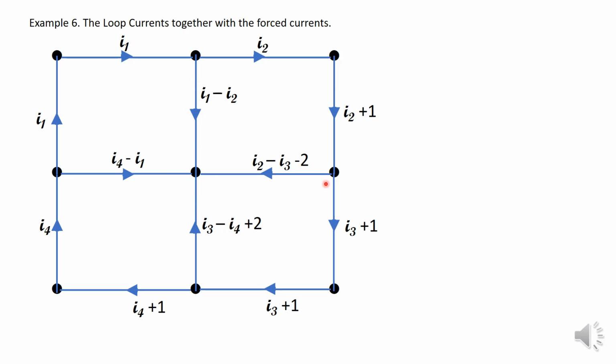Okay, so notice here it's the same as the loop currents I had before, but here, remember, there was an input of 1 here and an output of 1, so I had 1 coming down here, so it would add 1 and add 1 and then add 1 here, add 1 here, and then I had a current of 2 going from this node to this node, so it would add 2 here and subtract 2 here. So I've superposed those 2 sets of currents, the force currents and the loop currents.